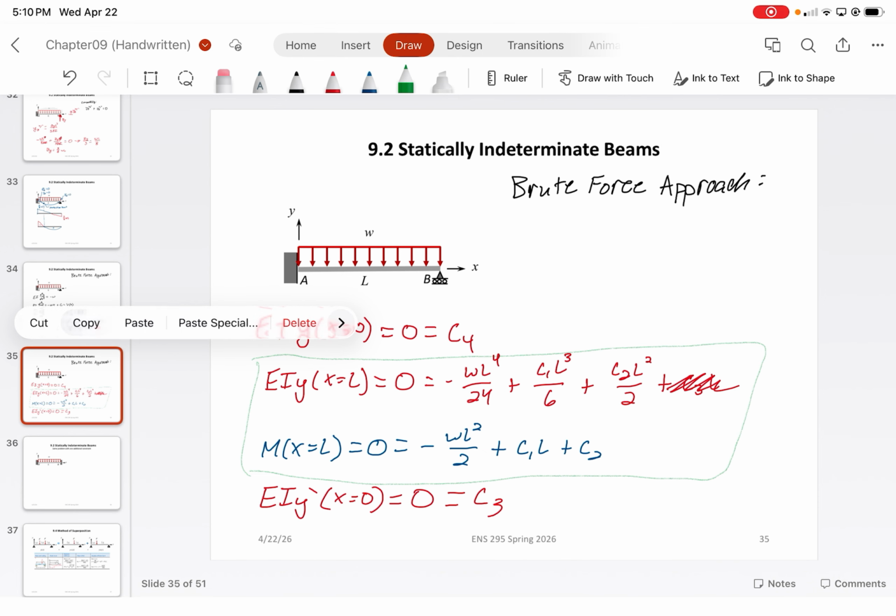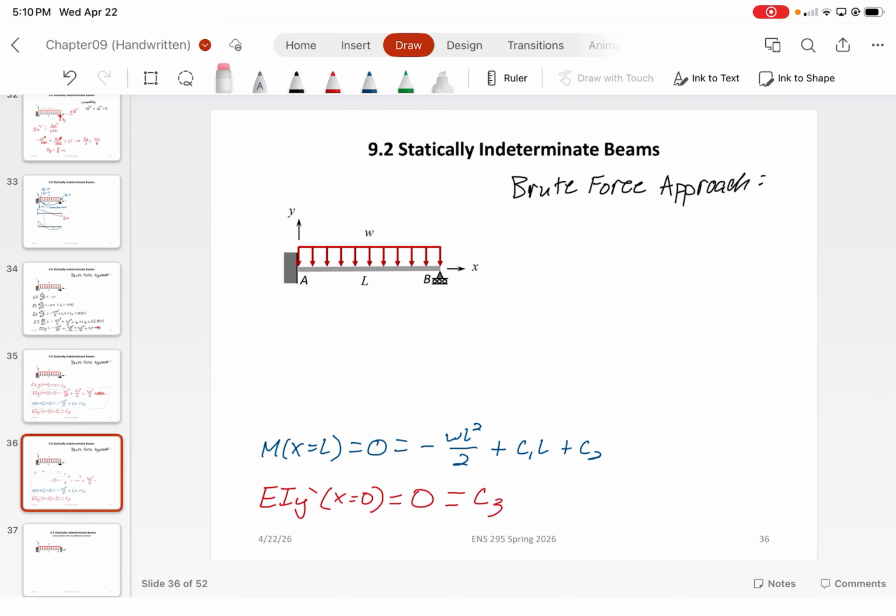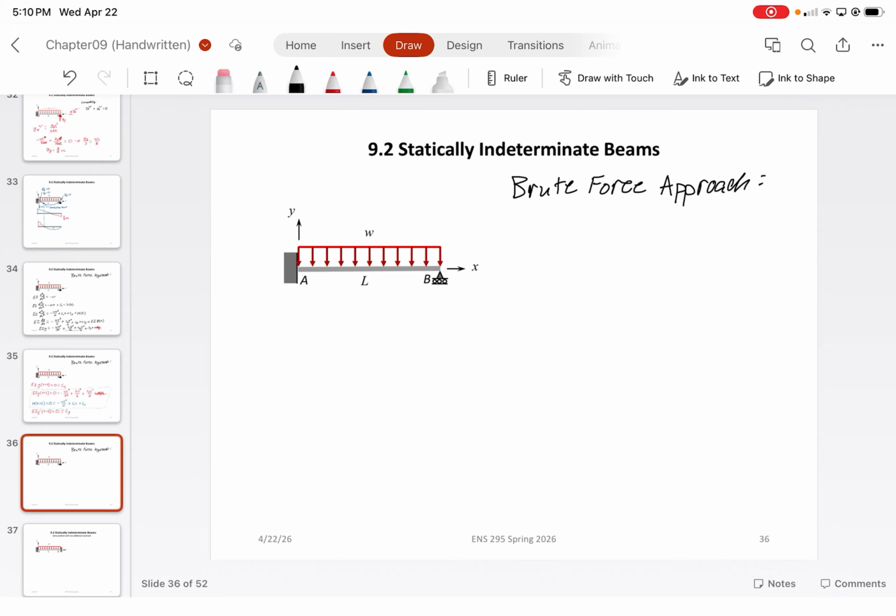Me, I just am going to skip that because I don't feel like showing you guys how to do it with matrices. But once you solve the system of equations, you would basically get that C1 is equal to 5WL over 8, and C2 is equal to negative WL squared over 8.